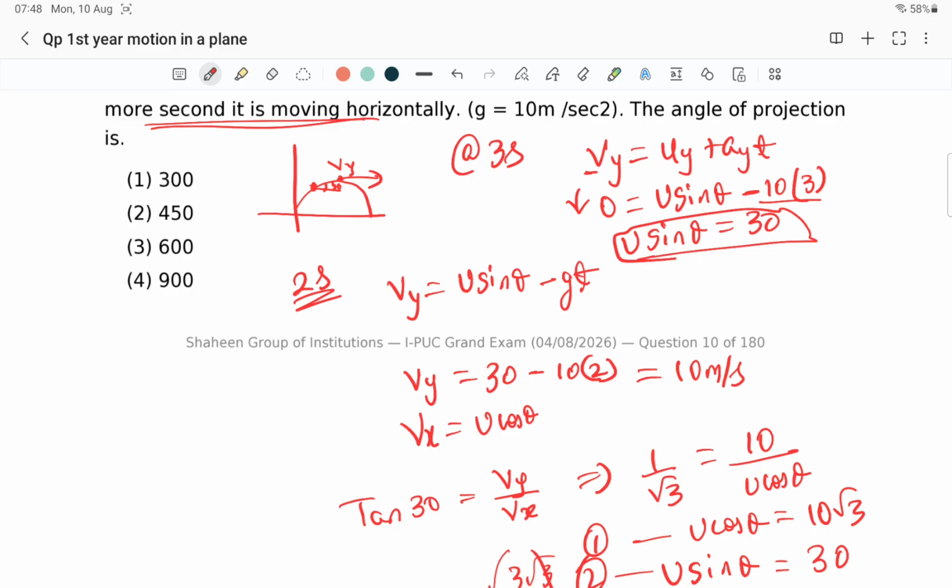Using that, first we took maximum height after 3 seconds and used vy equals uy plus ay t. Using that you found u sin theta as 30. Then for the 2 second case we applied vy equals u sin theta minus g t, substituted, and found vy, and then we wrote vx, which remains the same throughout the journey.